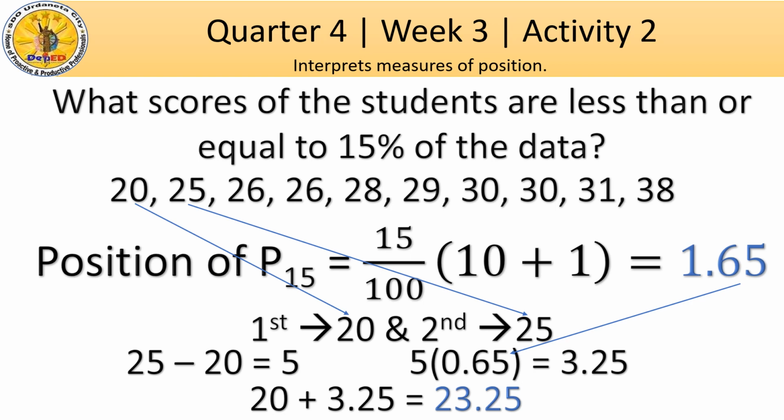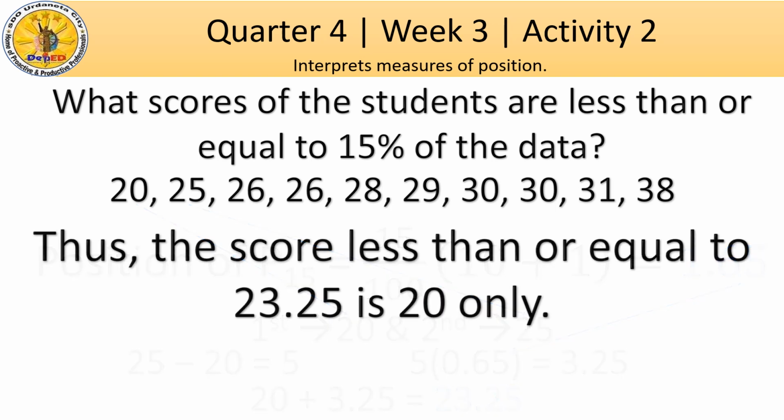And now we can compare it to the given set of data and determine what is being asked in our question. By examining the given set of data, we can now declare the answer to this question is 20 only. So the score less than or equal to 23.25 is 20 only.